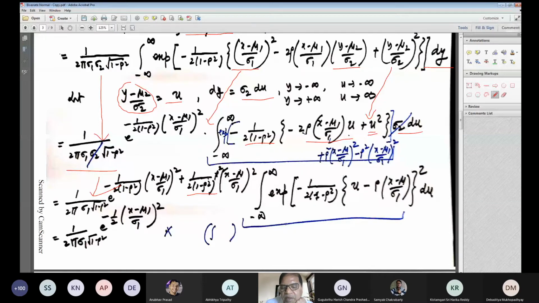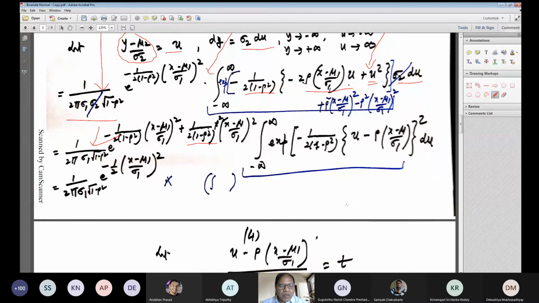Then ultimately it becomes e to the power minus, if you combine this term with the plus term, (u minus rho (x minus mu 1) by sigma 1) whole square du. If you simplify this term, it reduces to this form, and one sigma 2 gets cancelled from here, so here you are left with this term.